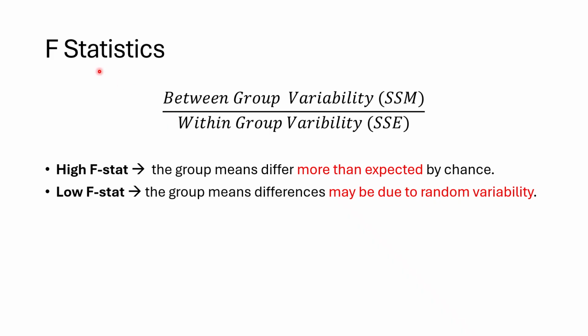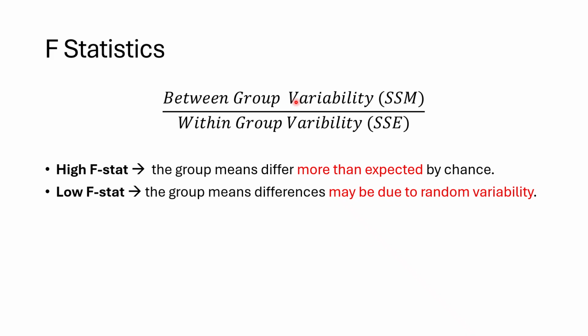The calculation of F statistics is pretty simple, but the concept behind it is way more important. The calculation is simply between group variability divided by within group variability. But the concept is that there will always be some variability as we collect data, right?